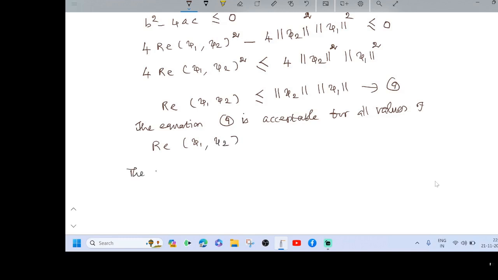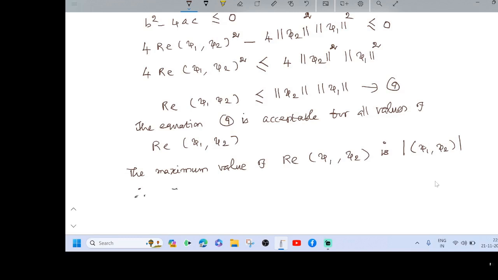The maximum value of real part of psi 1 comma psi 2 is the modulus of psi 1 comma psi 2. The scalar product of psi 1 comma psi 2 inside the modulus is the maximum value of real part of psi 1 comma psi 2.